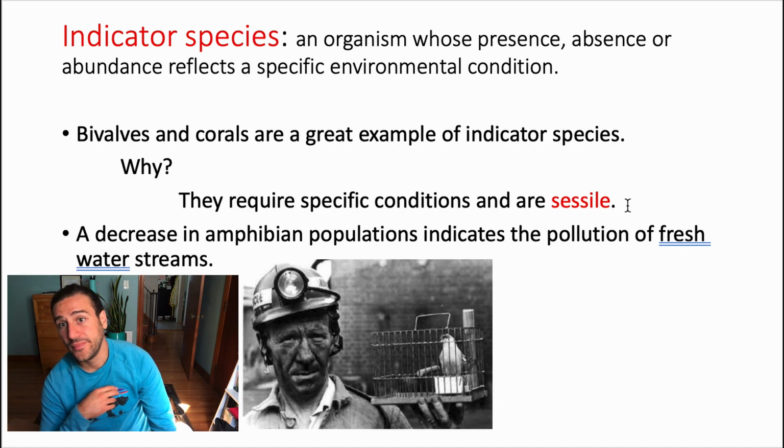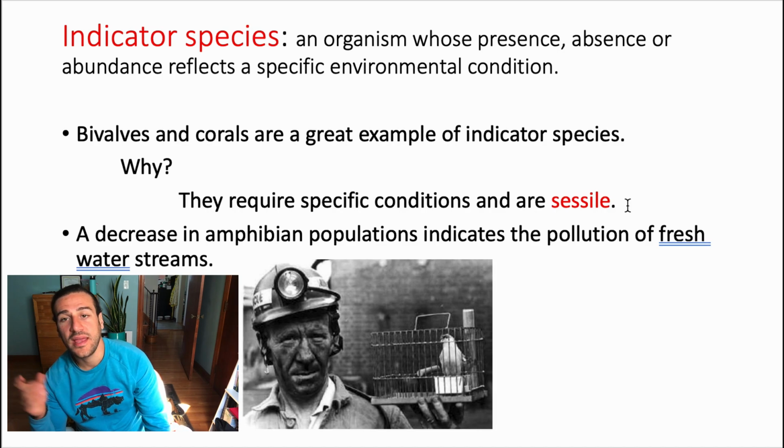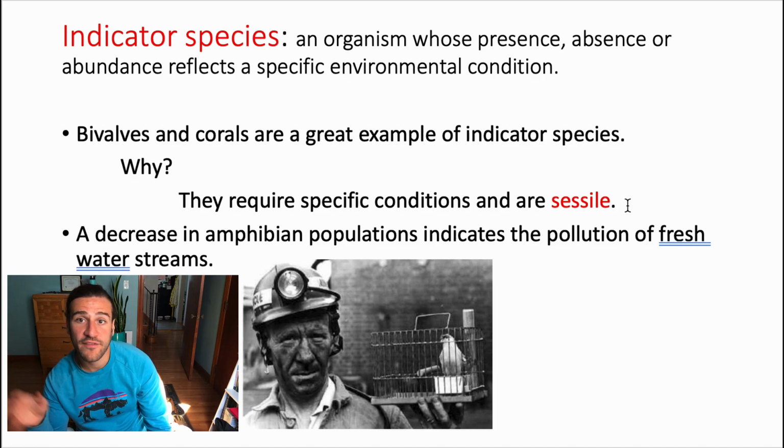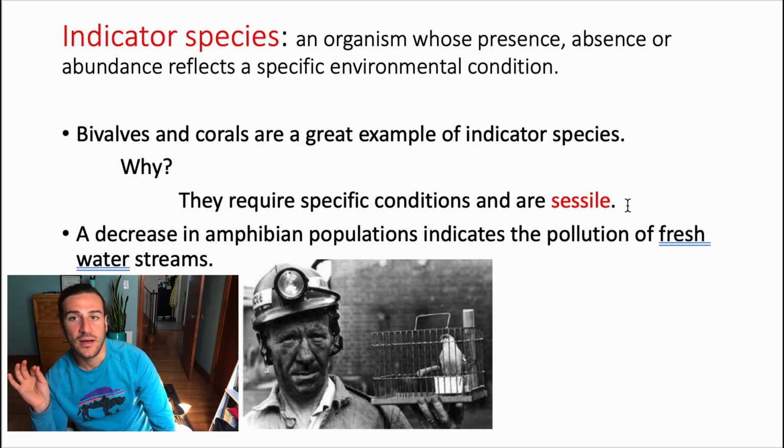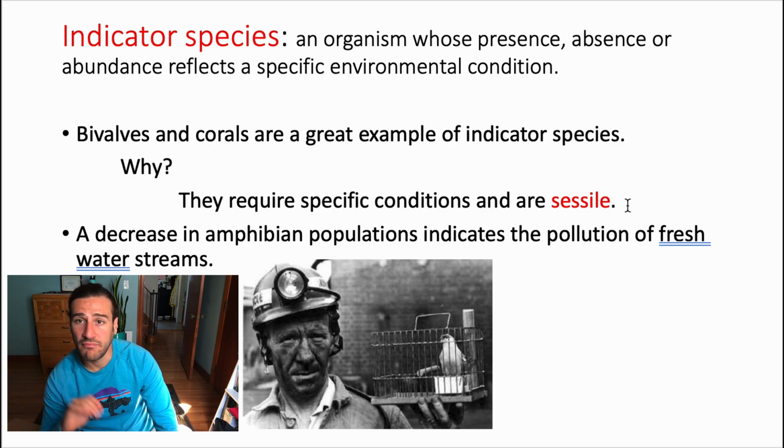So ecologists, if they are employed to survey a stream to see if there's any runoff from nearby farms or any pollution by nearby factories, instead of taking really expensive equipment and doing samples of heavy metals and different elements and chemicals and petroleum, instead of taking all these factors into account, what do ecologists do that are surveying? They look for amphibians, right?